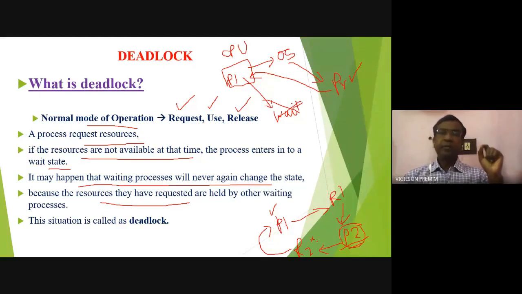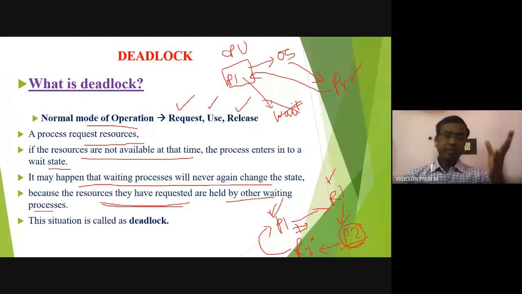When will R2 become free? If P1 is completed. When can P1 complete? If R1 is released. When will R1 be released? If P2 is completed. P1 and P2 cannot complete their work. This situation is called a deadlock situation, because the resources they have requested are held by other waiting processes.